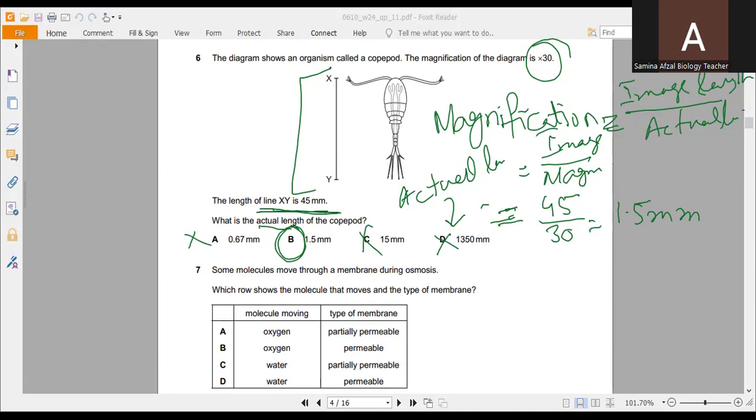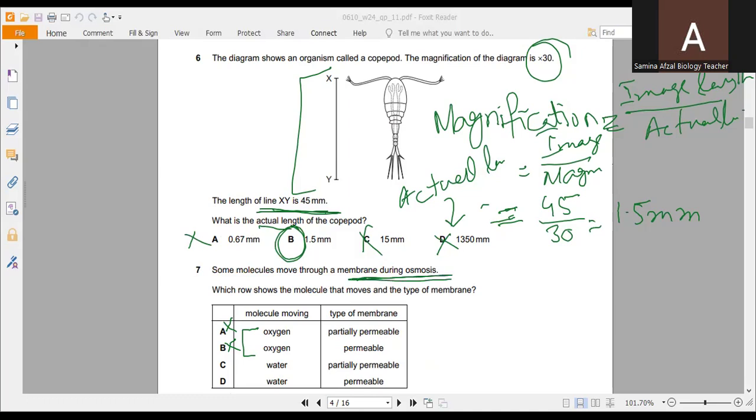Question 7. Some molecules move through a membrane during osmosis. Which shows the molecules that move and the type of membrane? Water moves through a partially permeable membrane by the process of osmosis.